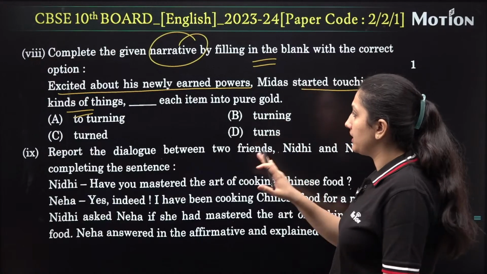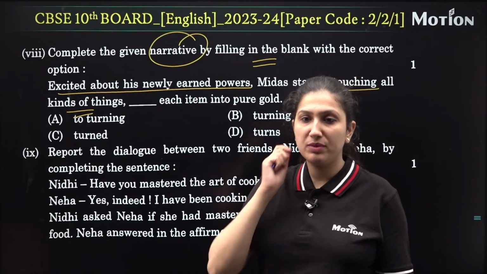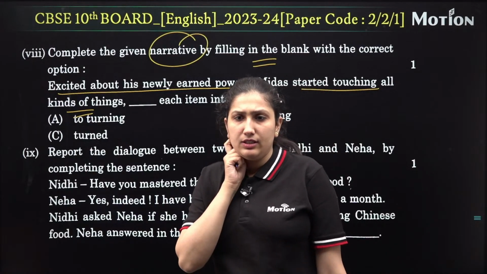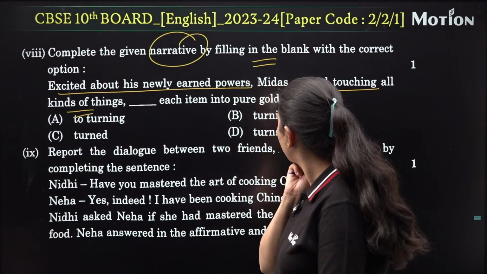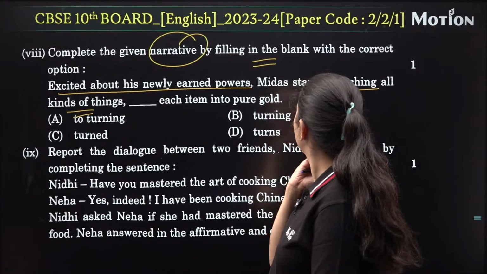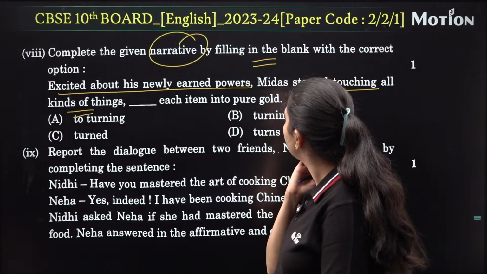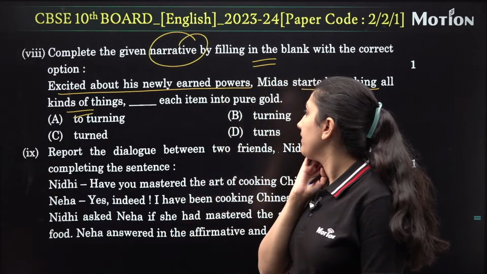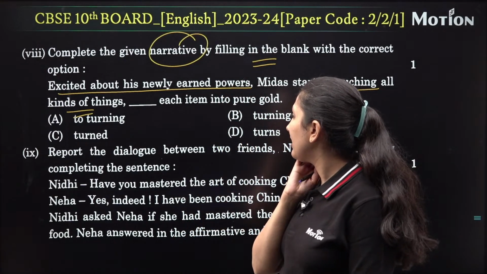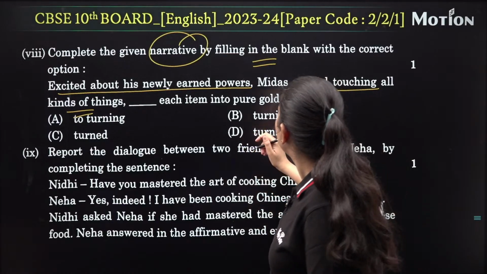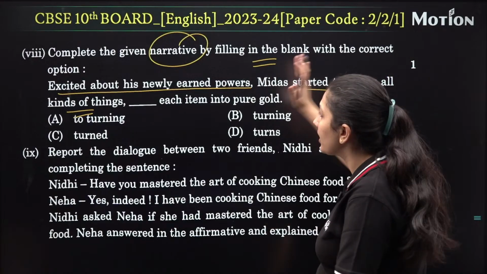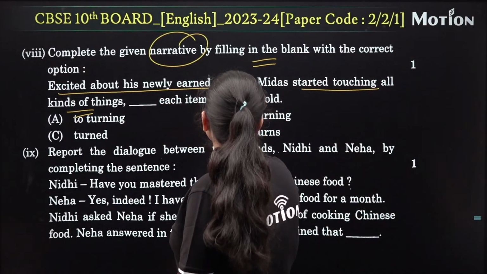Which is the correct option? A, B, C, D. Shobhit Chauhan: C option is not right here. B. Yes, right now as I can think it will be: excited about his newly earned powers, Midas started touching all kinds of things, turning each item into pure gold.